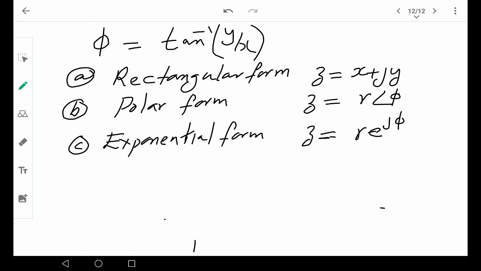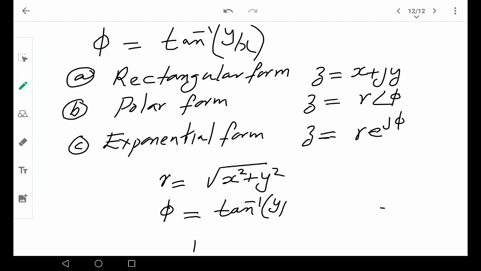Okay, so you can find out this r and phi like this: r equal to square root of x square plus y square, phi equal to tan inverse y by x.